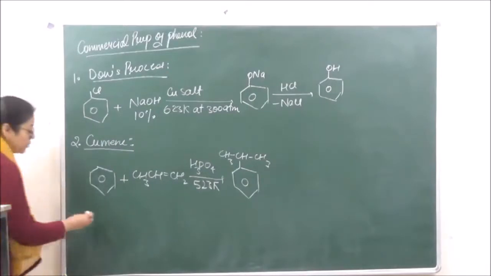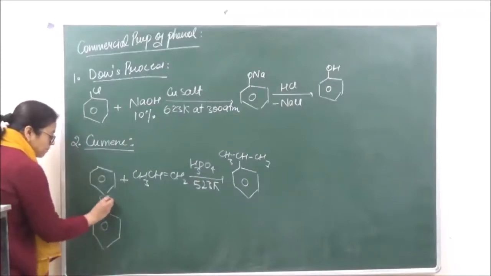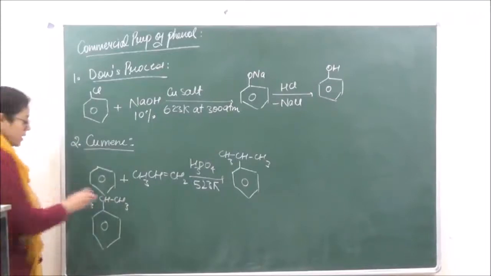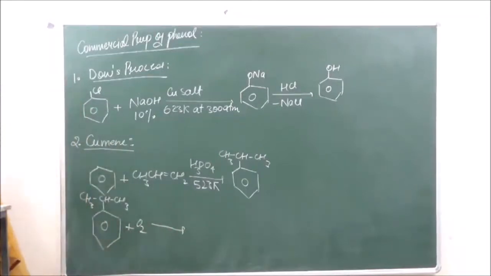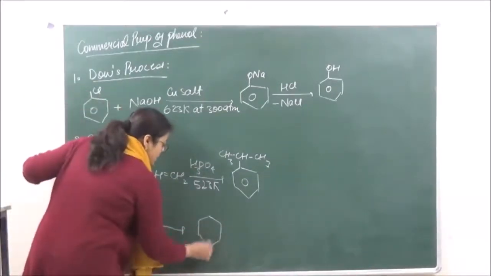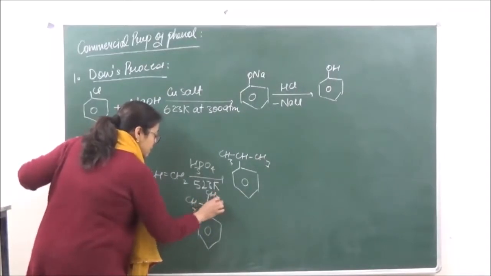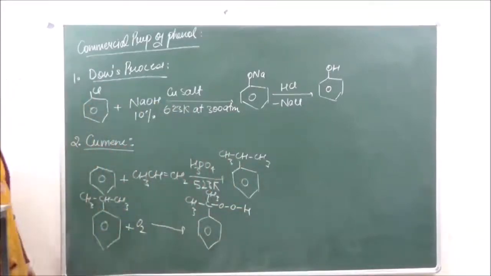Over here we are going to do the oxidation of cumene. This is cumene. We are doing the oxidation of cumene, and we are going to get cumene hydroperoxide. This is the formula of cumene hydroperoxide.